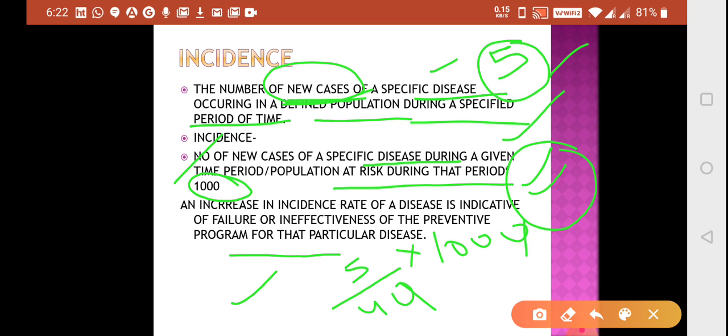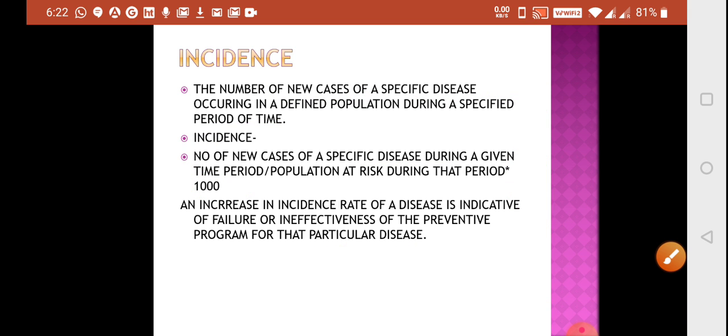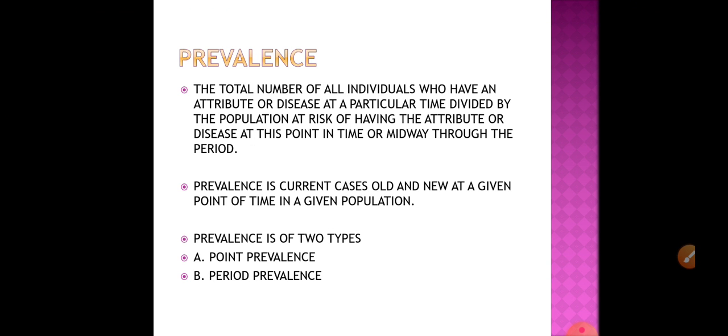We are asking them to brush daily, they are not brushing. Either they are not following the command, or whatever we are dictating is wrong. So if the rate of incidence is increased, it simply means ineffectiveness of whatever we are trying to prevent that disease. Either people are not following or we are giving them wrong instruction.